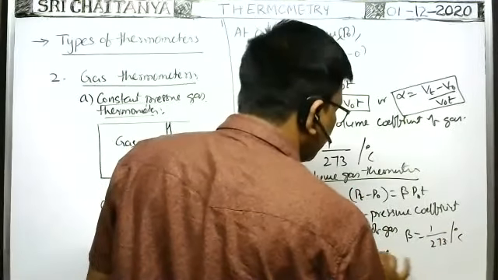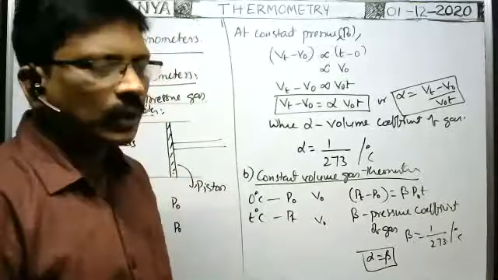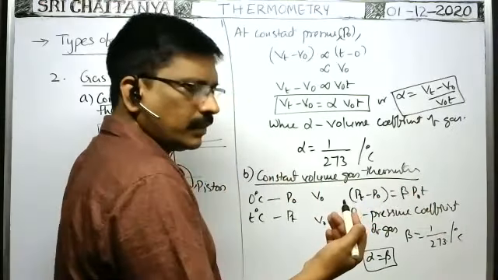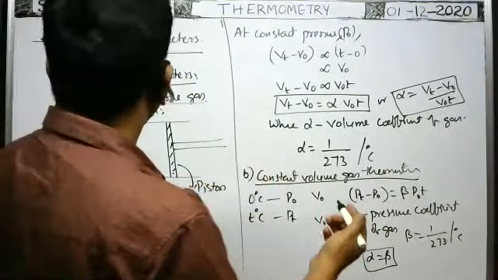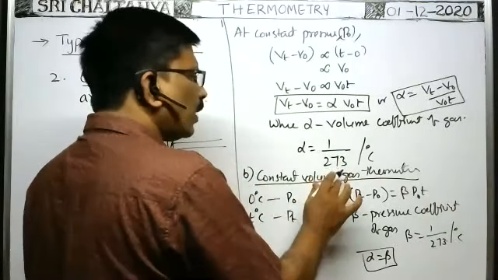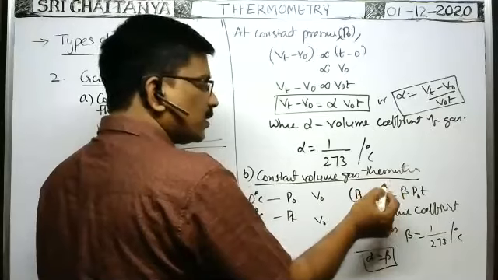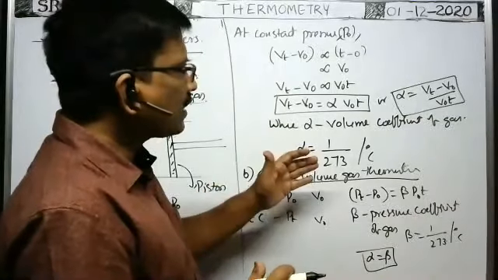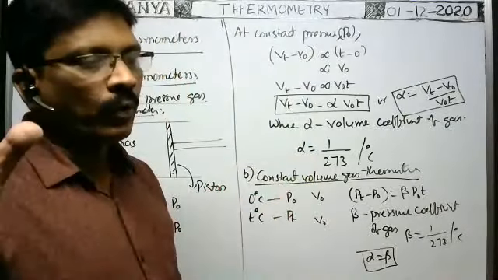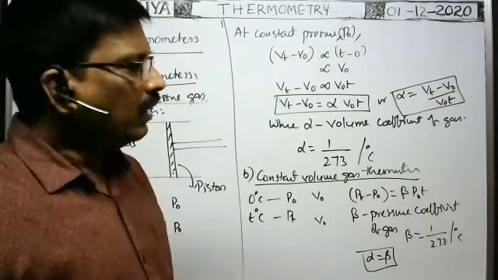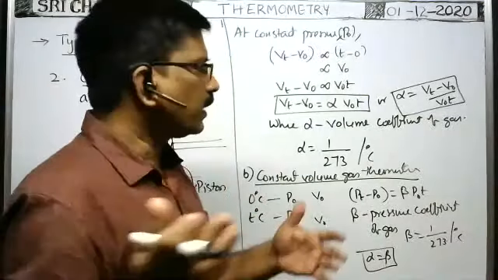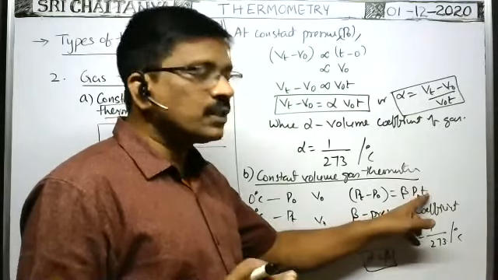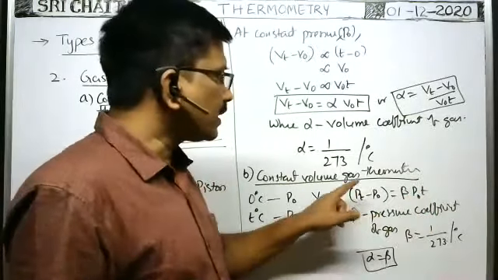That means alpha is equal to beta. Pressure coefficient of gas and volume coefficient of gas both are equal. Okay, so here at 0 degrees centigrade, what is the pressure? We know. Here when the constant volume gas thermometer is put in contact with the body whose temperature is to be noted, because of transmission of heat energy from that hot body to the gas, the temperature of the gas gradually increases, and whenever the temperature of the gas increases to T, which is the temperature of the body, then pressure becomes Pt.